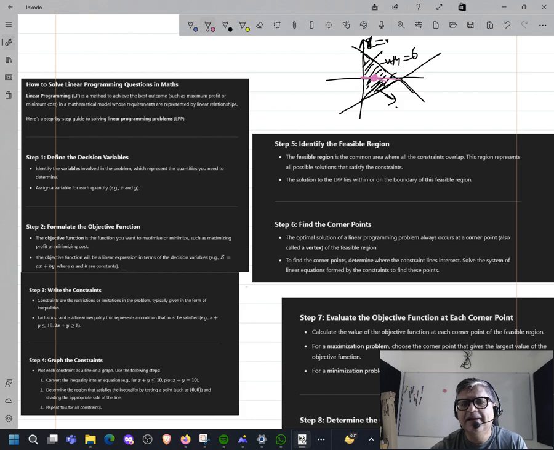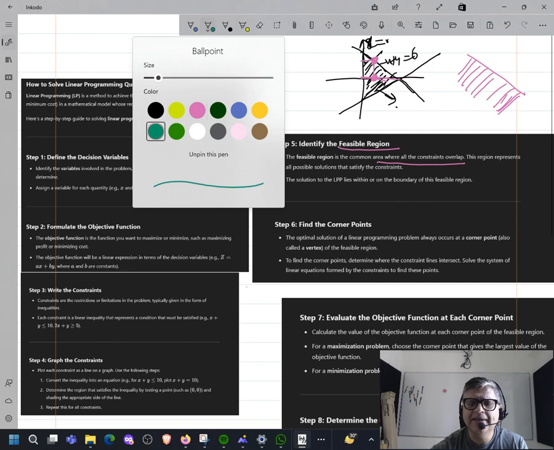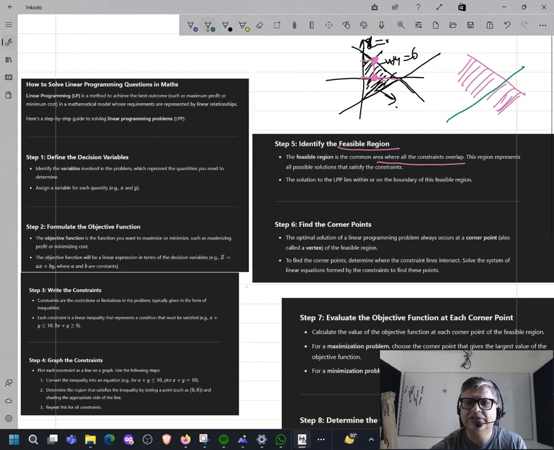This is where you are able to get the maximum profit, but we don't know yet. We are just finding the possibilities and in what area, because we cannot look at the whole graph. Where do we look after drawing the constraint equations? There is something called the feasible region, which is the common area where all the constraints overlap. So I draw a shaded area like this, and then I draw another line like this.